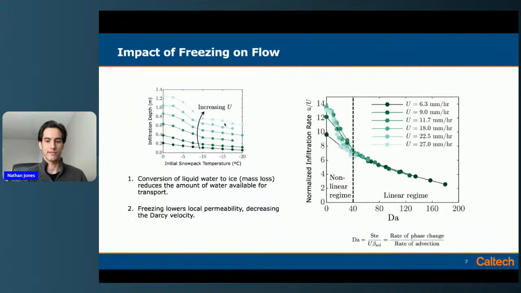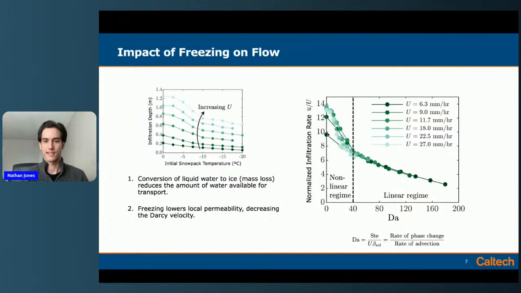But if we non-dimensionalize things and use this Damköhler number, we can see that this behavior collapses fairly nicely. And this normalized infiltration rate is just this value over the infiltration rate. So a value here of 10, for example, means that the actual infiltration rate of the wetting front is 10 times faster than the meltwater rate you're supplying.